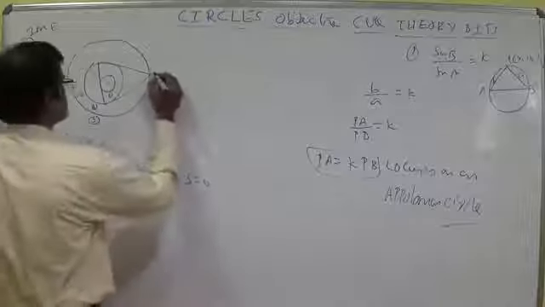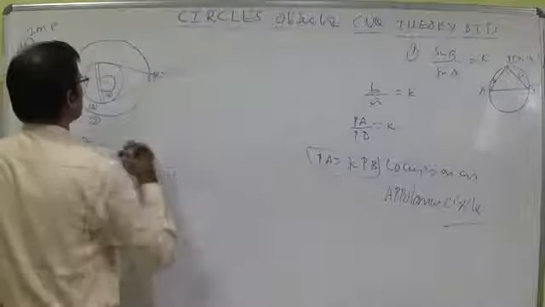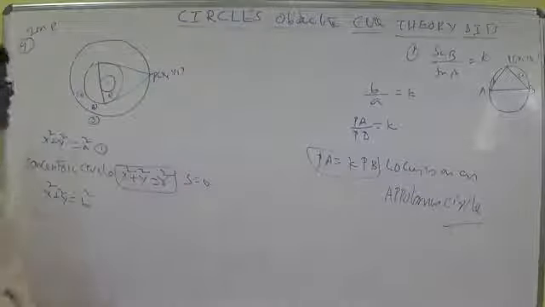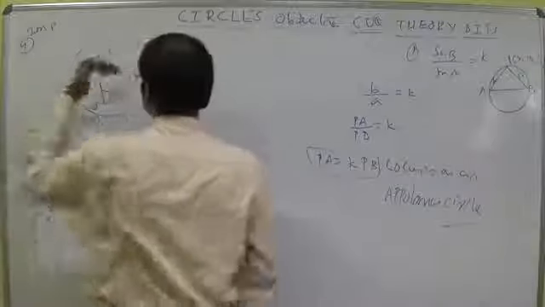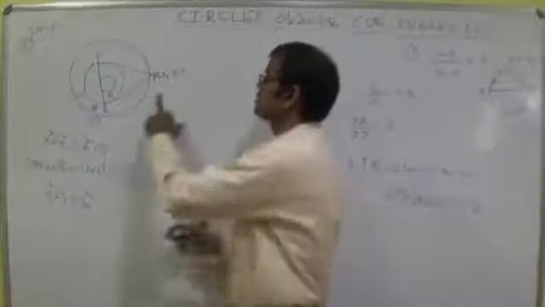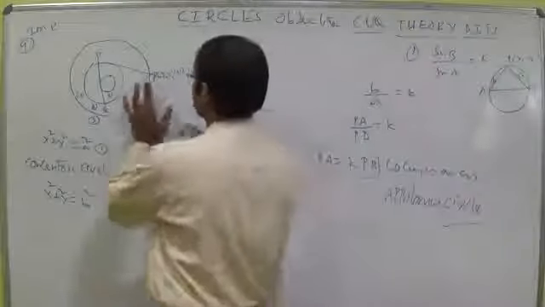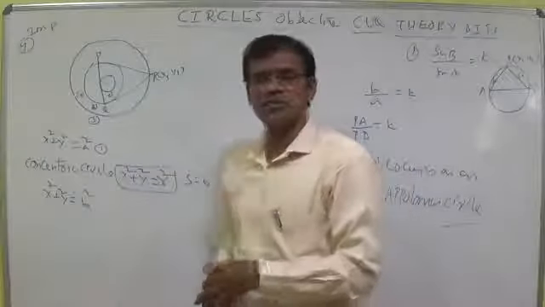So this is P(x1, y1). Think like this. You should try to understand that this is a tangent drawn at the extremity of a chord, this is P and this is Q. So PQ, this is R. We should calculate the locus of R(x1, y1).